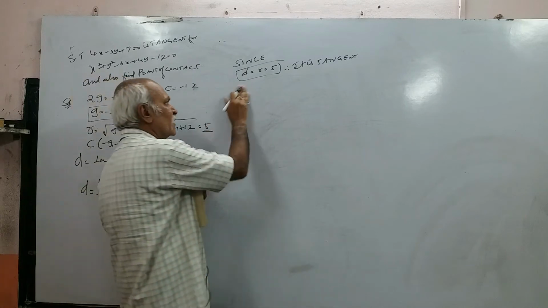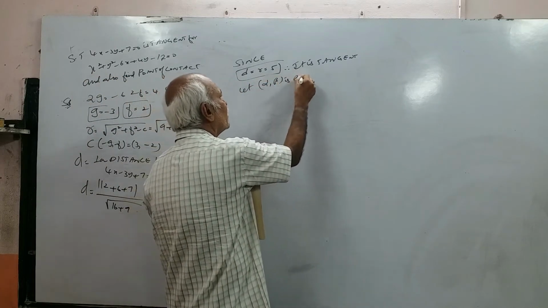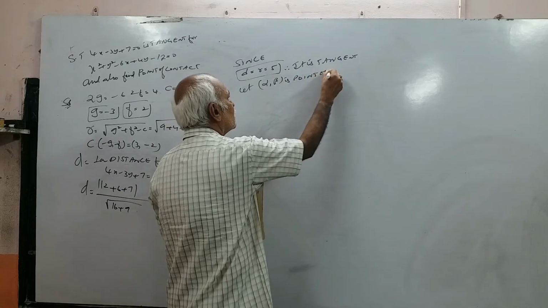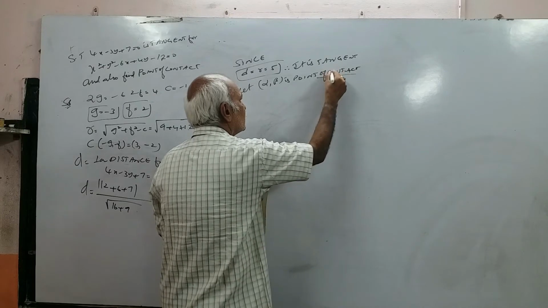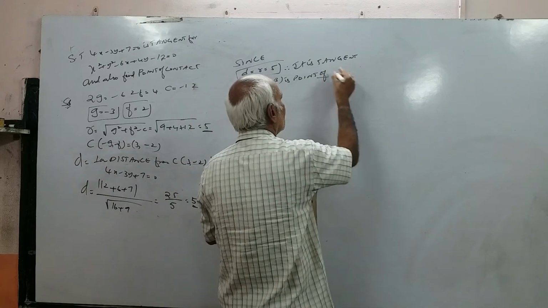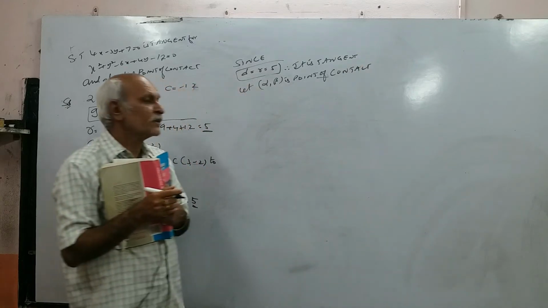Now point of contact. Let alpha comma beta is the point of contact. There are two methods. Any method we can use. What is that? We say alpha comma beta is the point of contact.